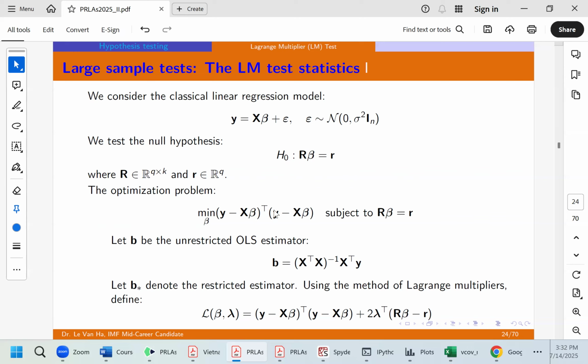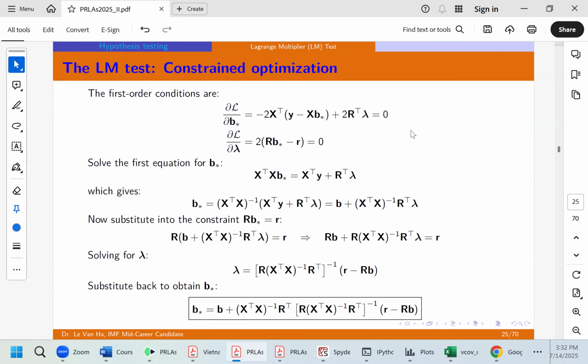This is nothing more than the Lagrangian function. It is equal to the objective function plus the constraint. So what do we do? Take the first order conditions. If you take the first order with respect to beta, you get this one.